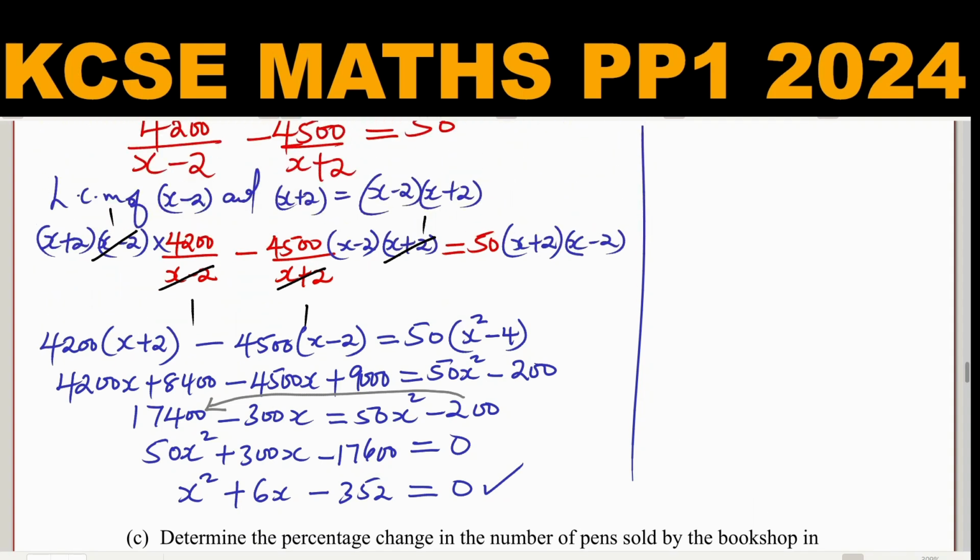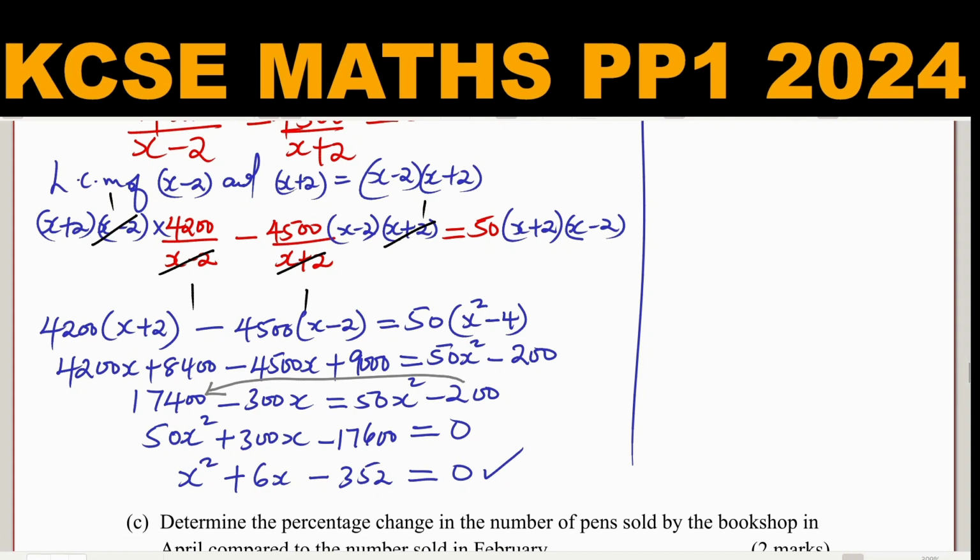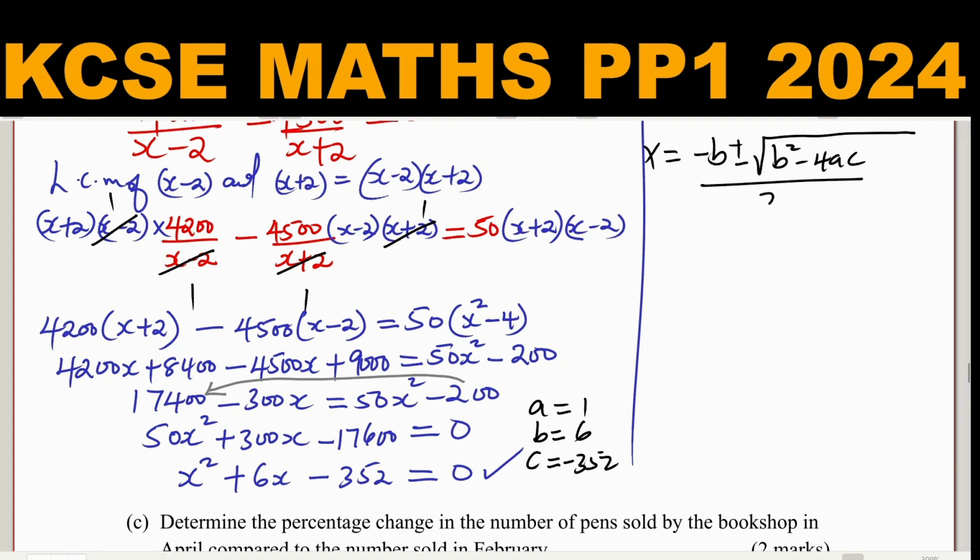We can use any suitable method, quadratic formula or factorization. So let me use the quadratic formula, whereby we shall have a as 1, b as 6, and c as negative 352. So the quadratic formula, x is given by negative b plus or minus the square root of b squared minus 4ac, everything divided by 2a.